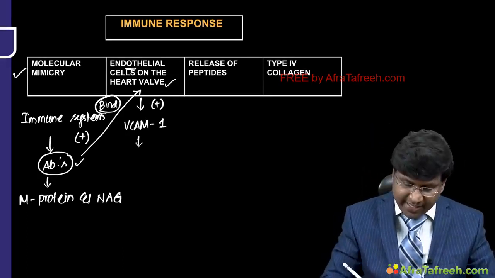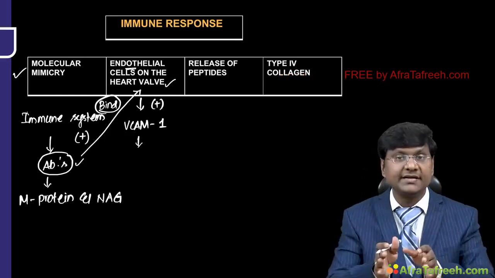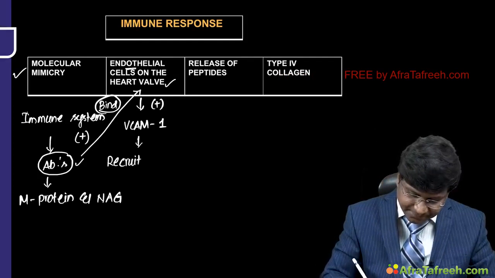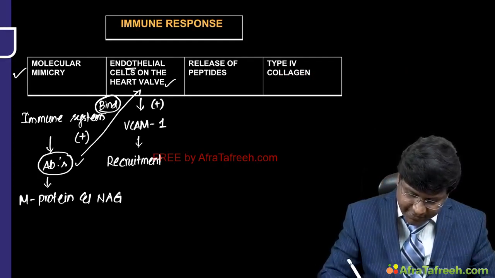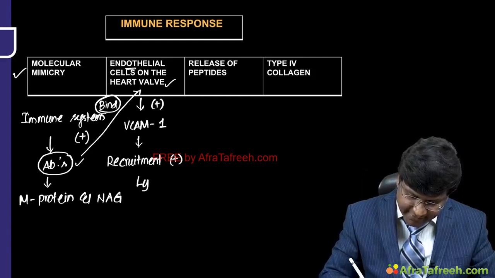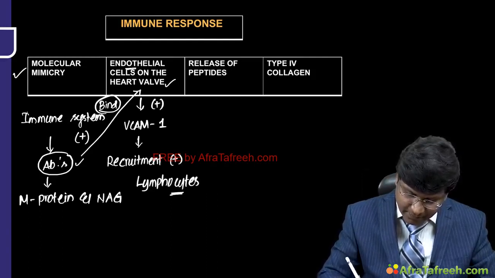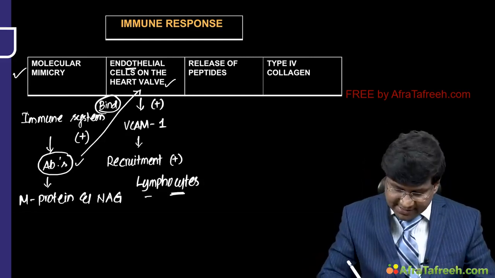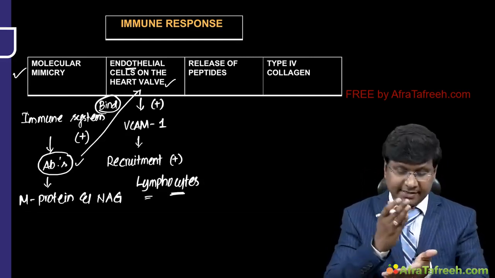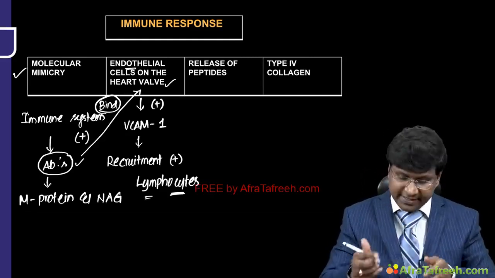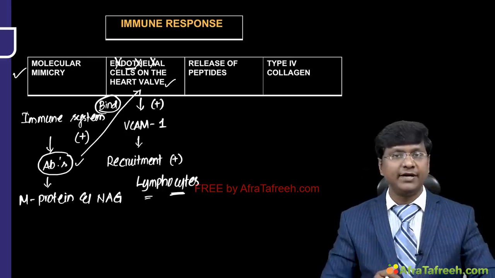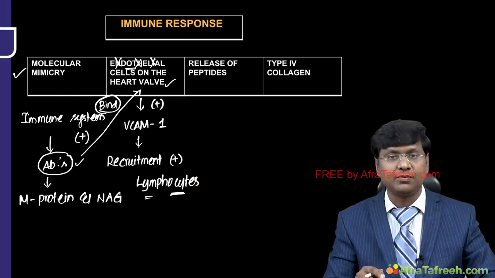Once your VCAM1 is activated, there is recruitment of the activated lymphocytes. Once these lymphocytes are recruited, they cause lysis of the endothelial cells on the heart valves.